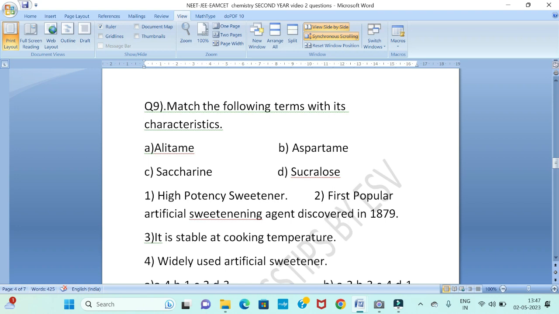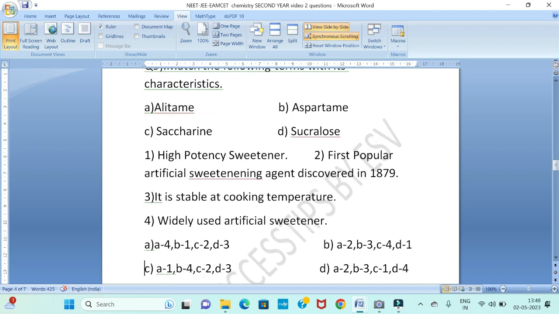So what is the answer? Match A, B, C, D with 1, 2, 3, 4. Which option is correct?